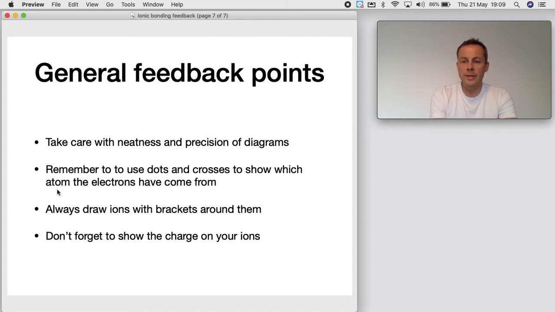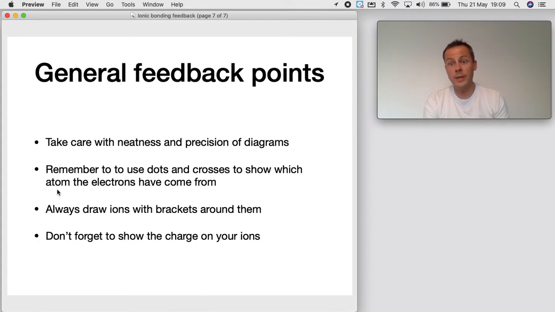I showed you a previous example using colours, the same idea, make sure you stick with the same colours throughout. Once you've made the ion and the electrons have gone on to the new substance, make sure you put a bracket around the ion, like I showed you in the previous example, and don't forget to write the charge of the ion, so what charge that ion has now got, now it's lost or gained electrons.